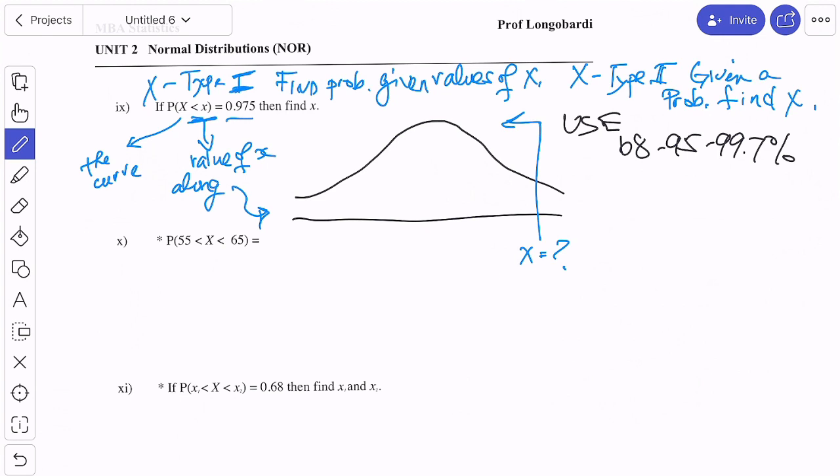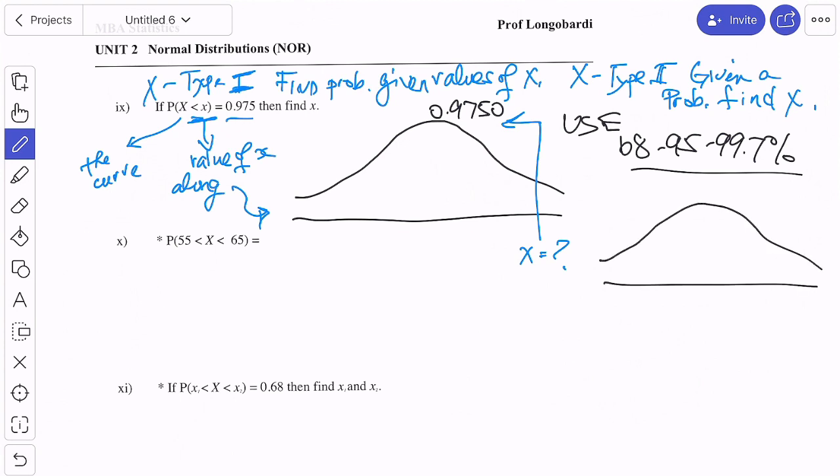What we're looking for is 0.975. So without using the standard normal approach, just using the drawing alone, this is elementary.